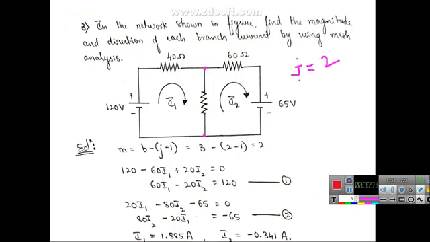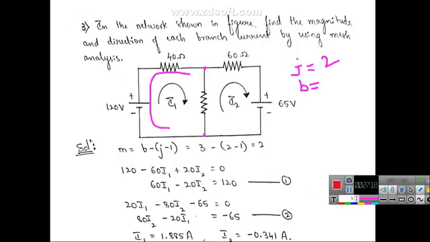Now once you find the junction points, you can find the number of branches. The number of branches means the elements coming across the pair of junction points. This is the only pair of junction points in this network, and these are the elements coming across it.